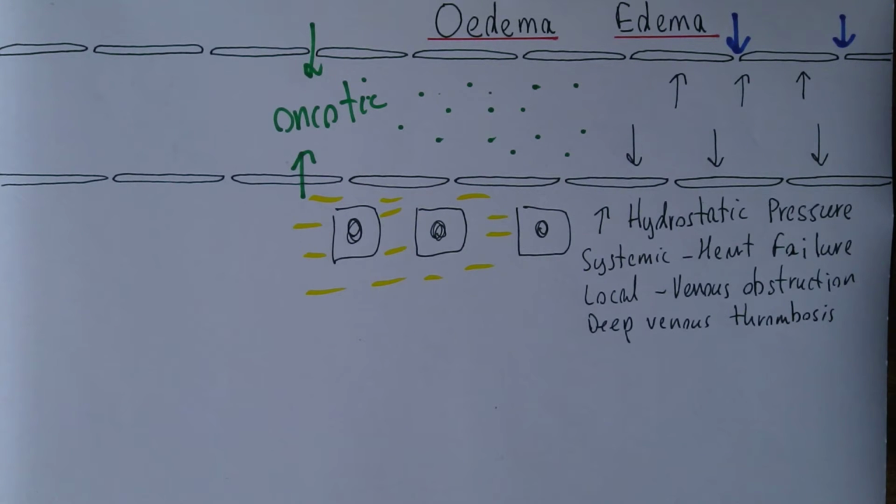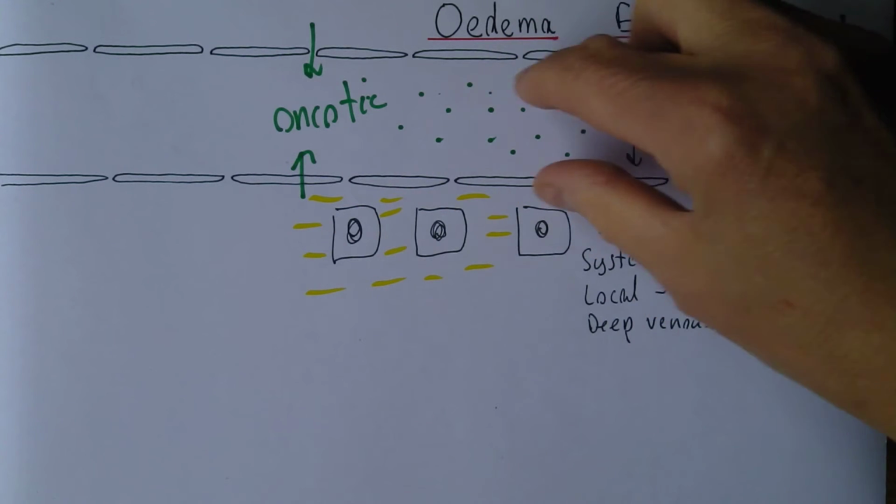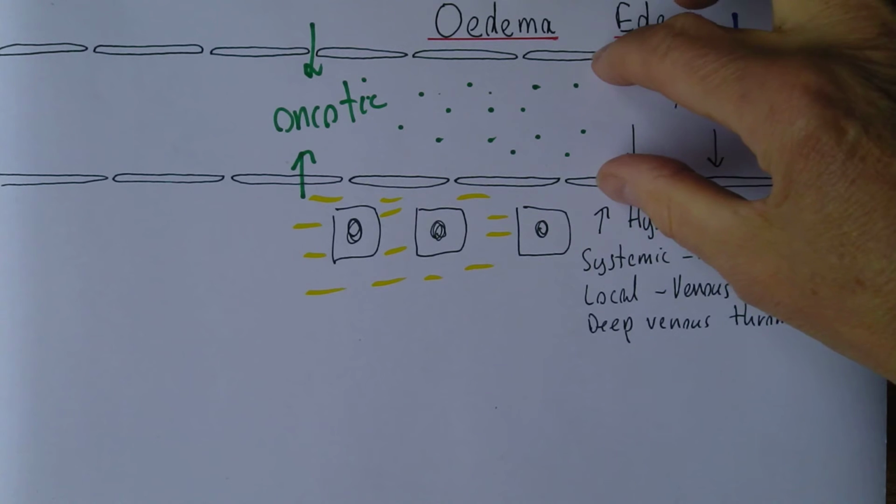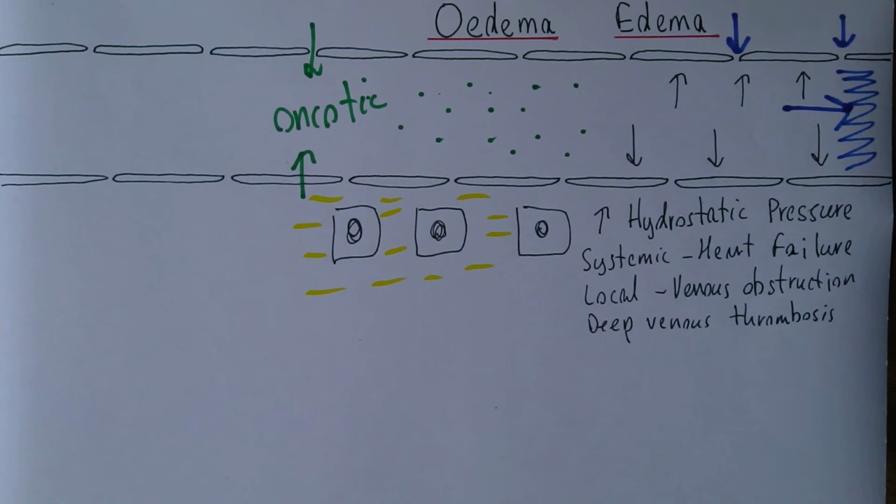Because normally the fluid in the blood is leaving this way, it's going out that way. But if there's a relative obstruction here, if there's a traffic jam, as it were, downstream, there's going to be this backlog of fluid. Because this capillary is draining into venules, the venules are draining into veins, and if one of the deep veins is obstructed, the flow of fluid from the capillary out into the venous system is going to be inhibited.